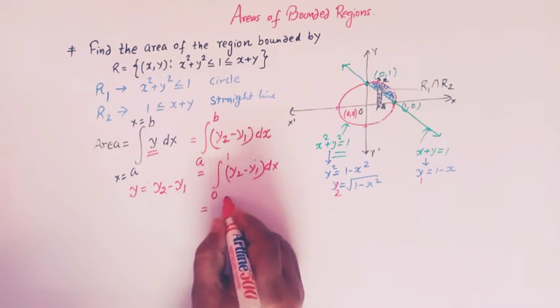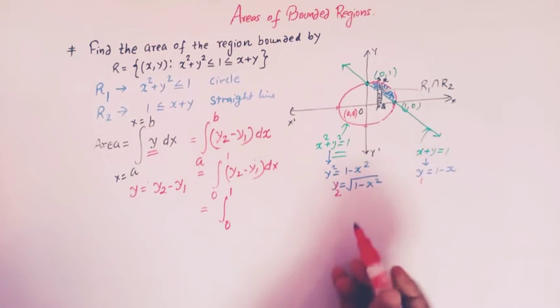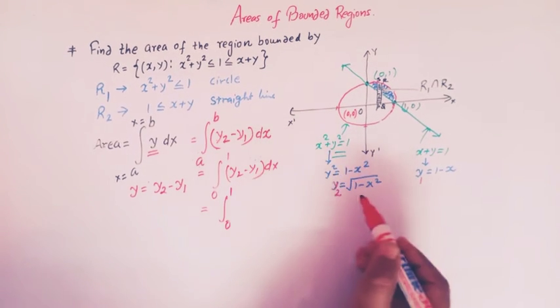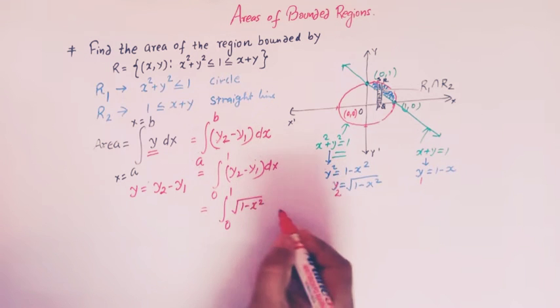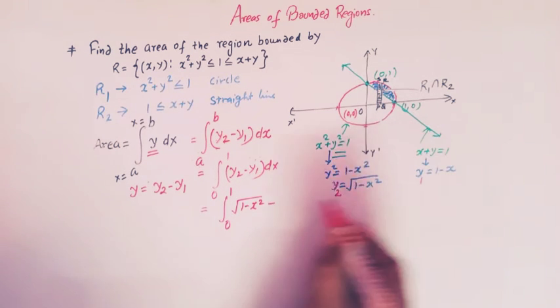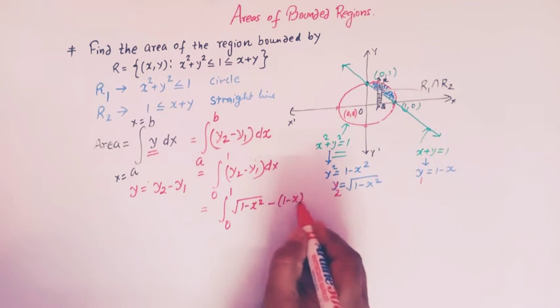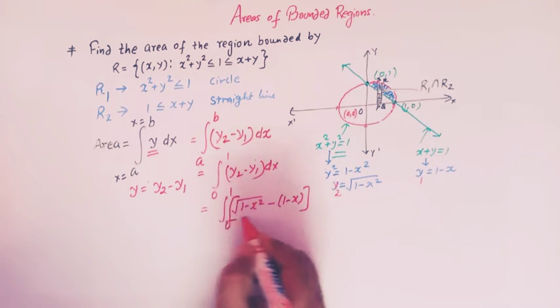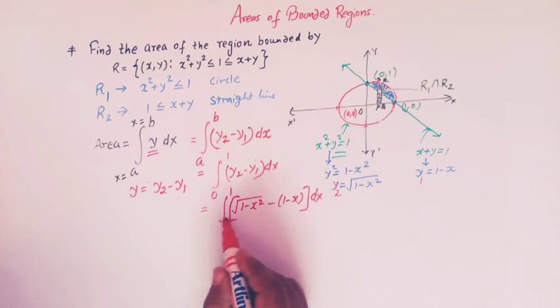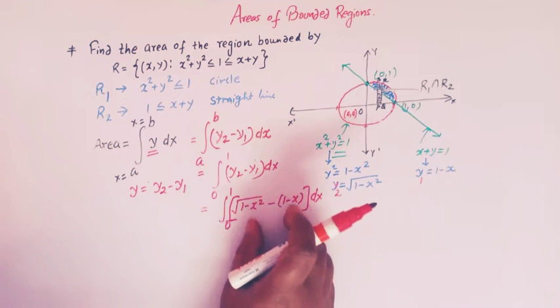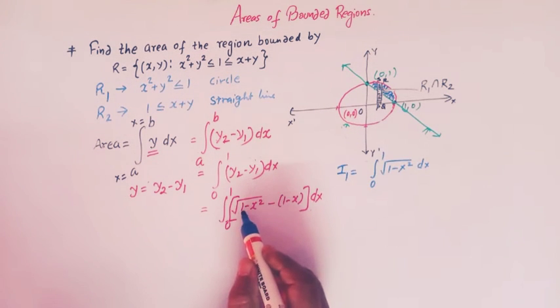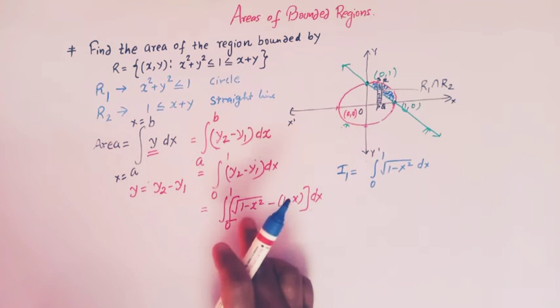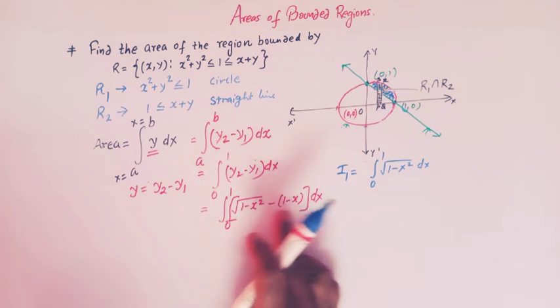So now if we substitute the values of y2 and y1, we have the square root of 1 minus x square, minus 1 minus x, dx. Now we have to calculate this integral. Let us separately calculate these two integrals.